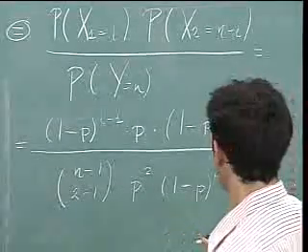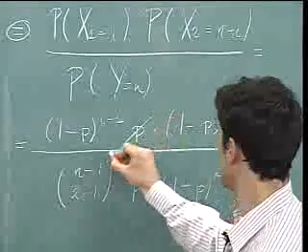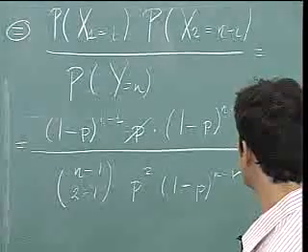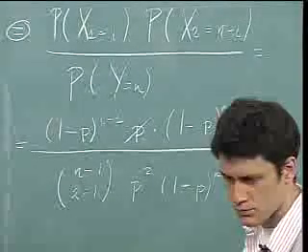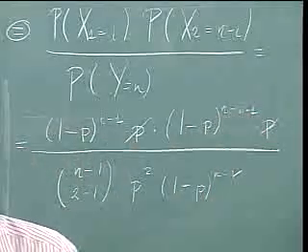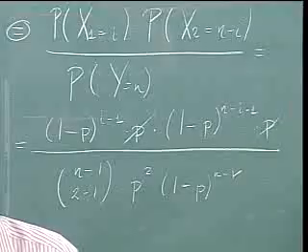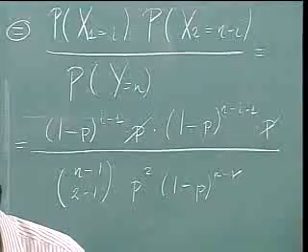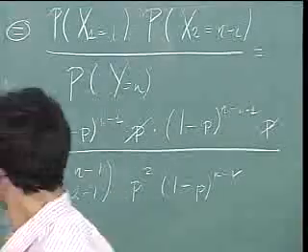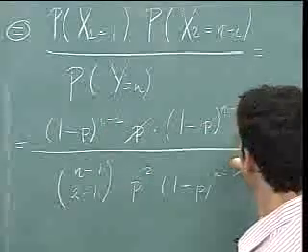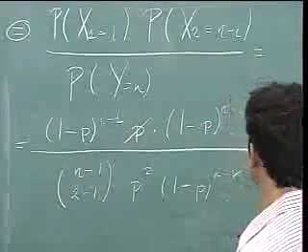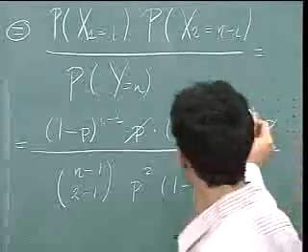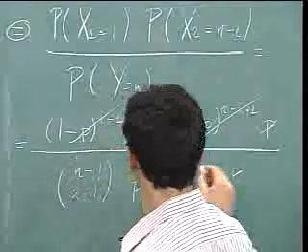Now we get a ton of cancellations. Did I do something wrong? Minus i, this should be plus 1. Sorry. So everything pretty much cancels out.